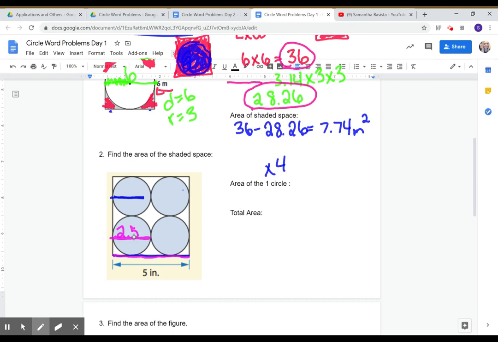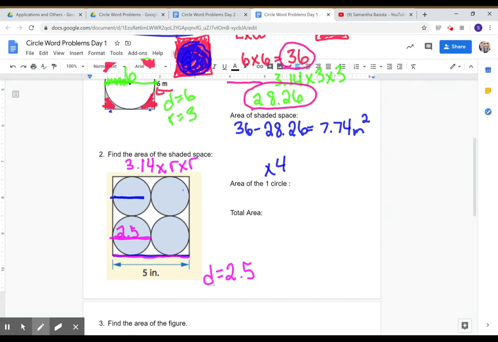Okay, so I'm going to write down here what I have. I know the diameter for one circle, we just found, is 2.5. But again, how do we find area? We find area by doing 3.14 times radius, right?